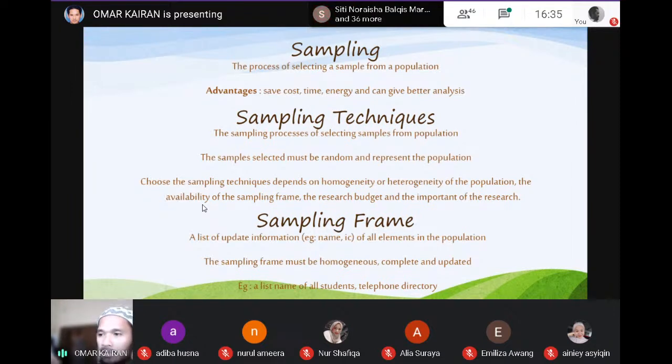And then when we select the sample, kita tersalah pilih sampel. Contohnya kita terpilih polis. Our objective is finding the problems of the army, tapi tiba-tiba sampel kita terpilih orang polis.